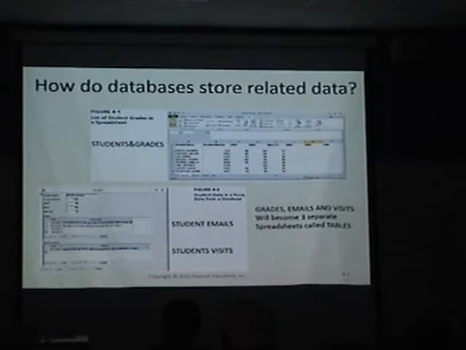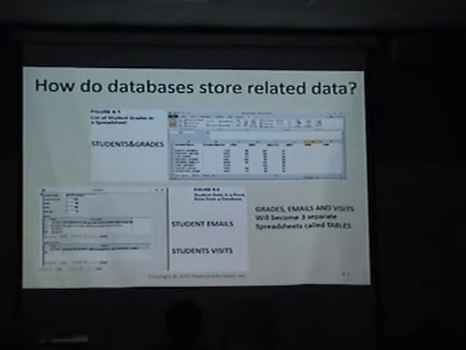Okay, what's the main entity? The beginning entity, do you think? Something has something else. What is that first something going to be? Students, right? This one is going to be your main one.